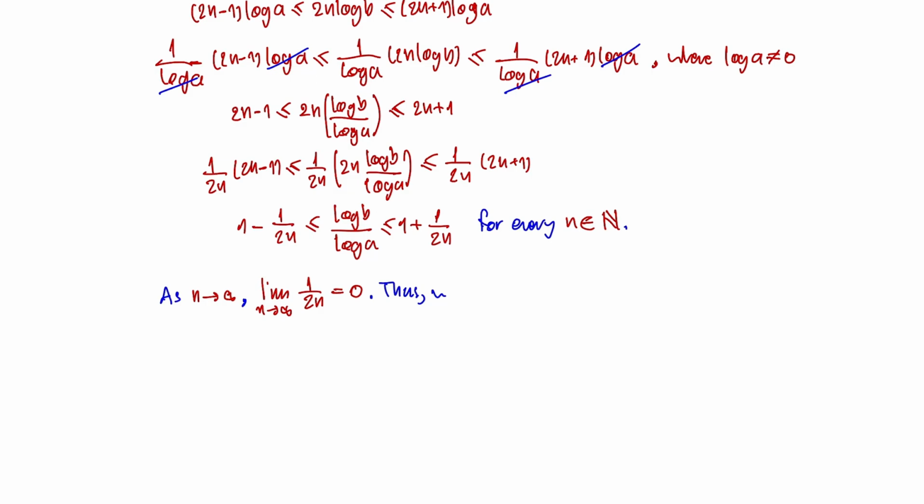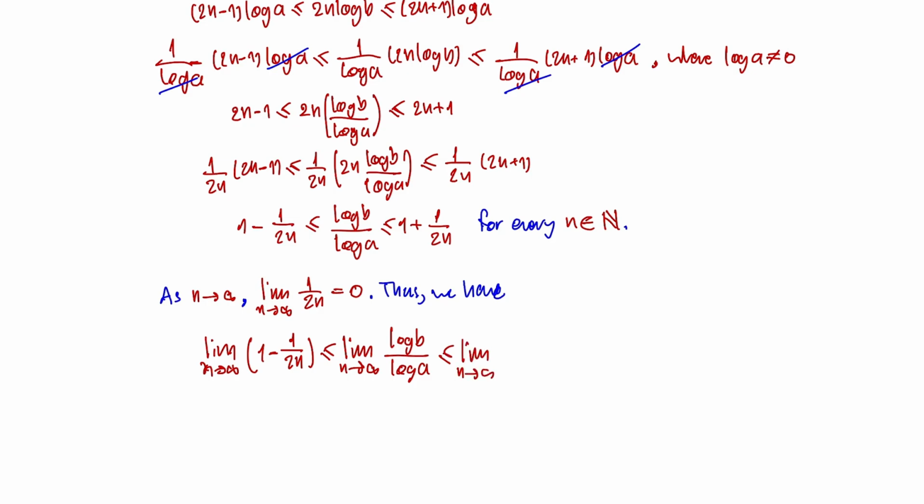Hence, we have the limit as n approaches infinity of 1 minus 1 over 2n less than or equal to the limit as n approaches infinity of log b over log a less than or equal to the limit as n approaches infinity of 1 plus 1 over 2n.